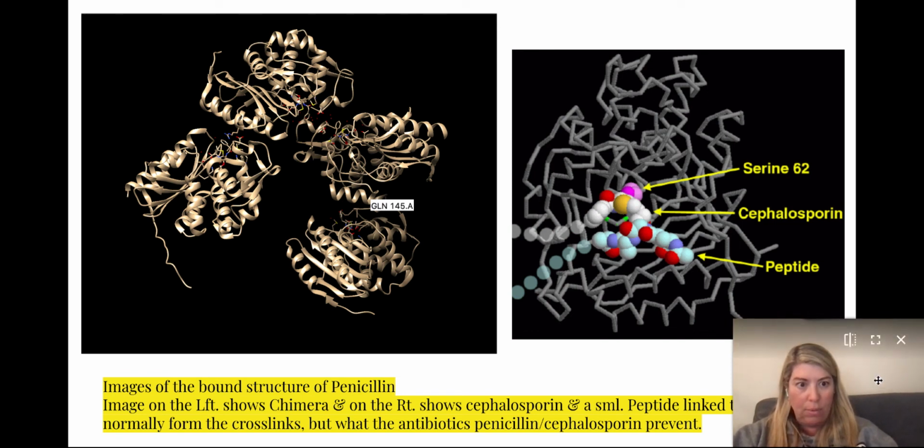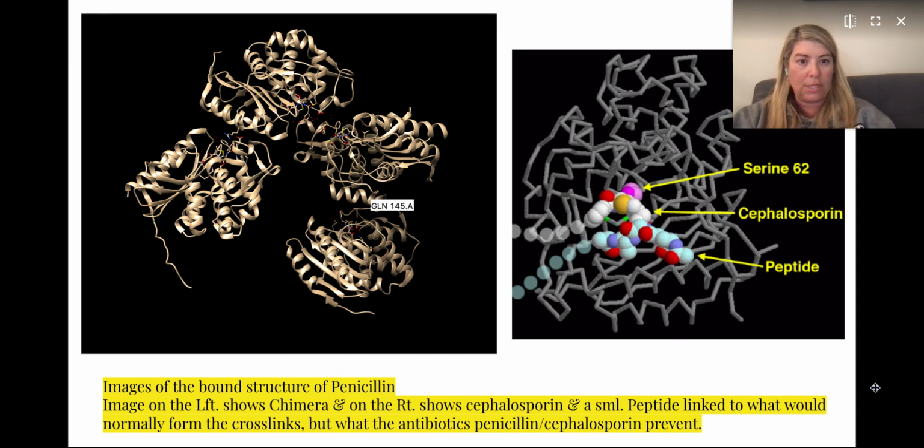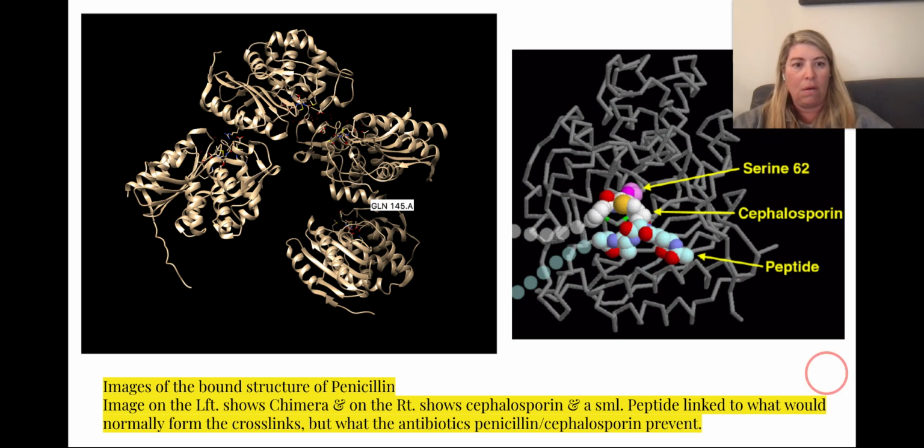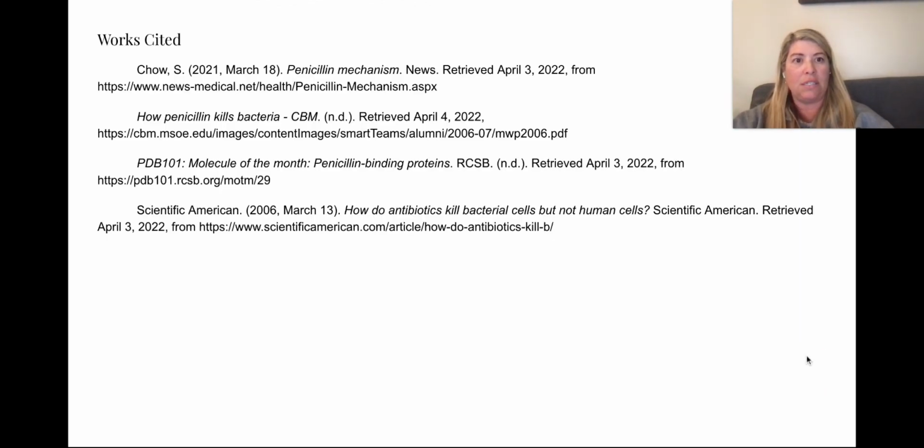What normally would form the crosslinks cannot form them with the antibiotics, the penicillin or the cephalosporin. So when you look inside the molecule, you can see a tiny peptide chain inhibiting that process. And I think the last slide is just the works cited.